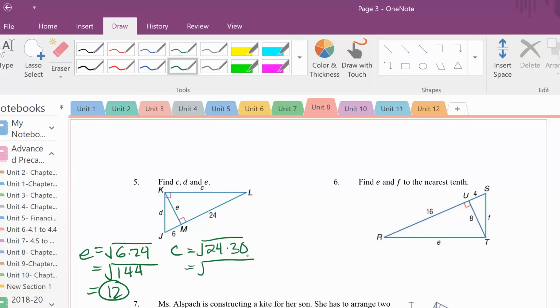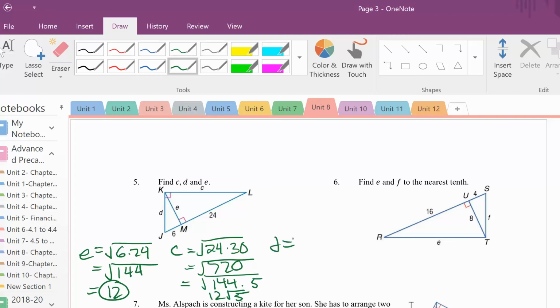So it's equal to the square root of 720. We'll talk about simplifying square roots in a little bit, but this is the same as the square root of 144 times 5, which gives you 12 radical 5.